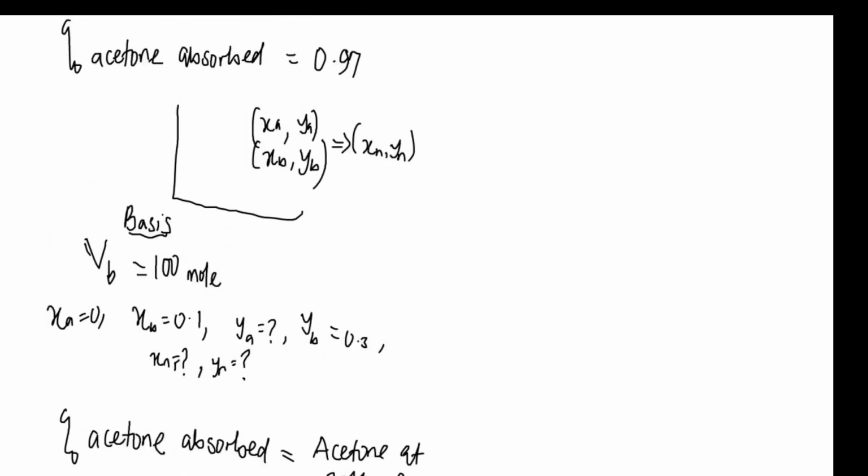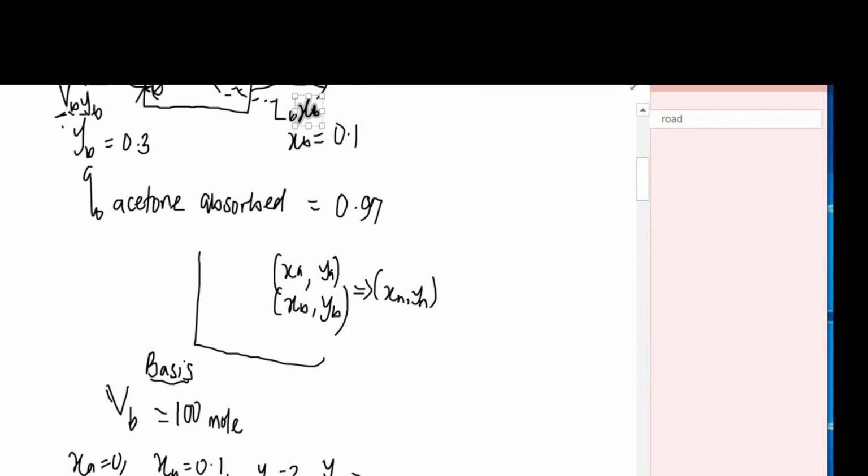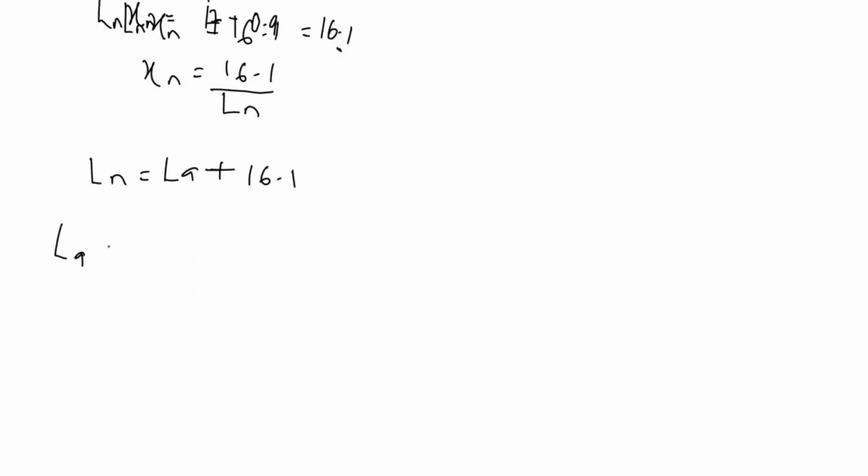So now I can find the value of my LA. LA will now be equal to Lb minus acetone absorbed, because Lb is equal to LA plus acetone that has been absorbed.